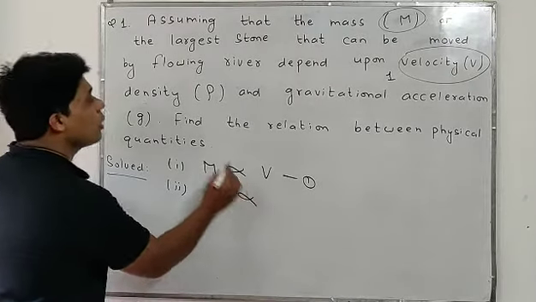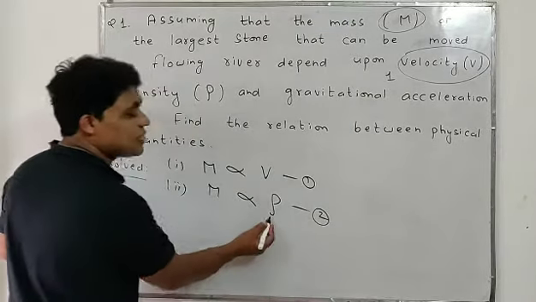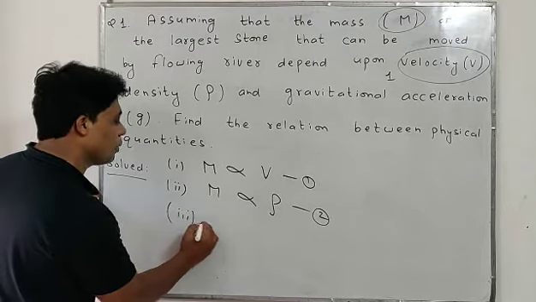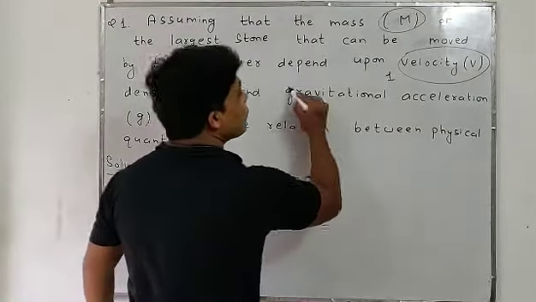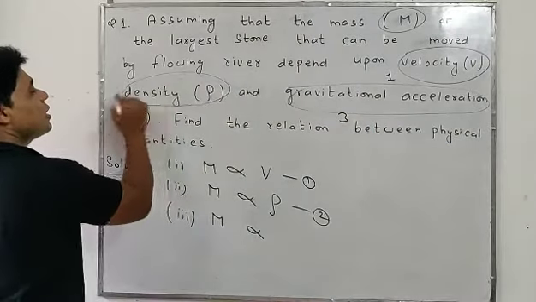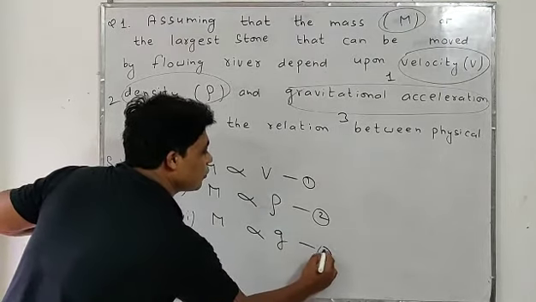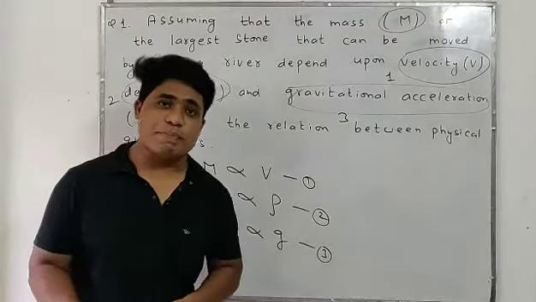Mass of the stone depends on density rho, and finally mass of that stone also depends on gravitational acceleration. That is the third component. So basically it is quite simple.